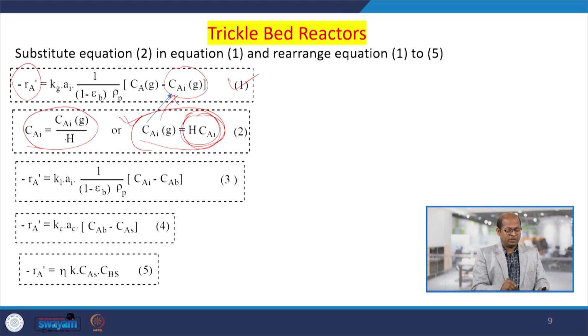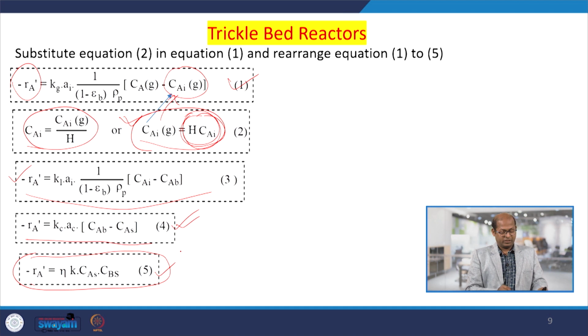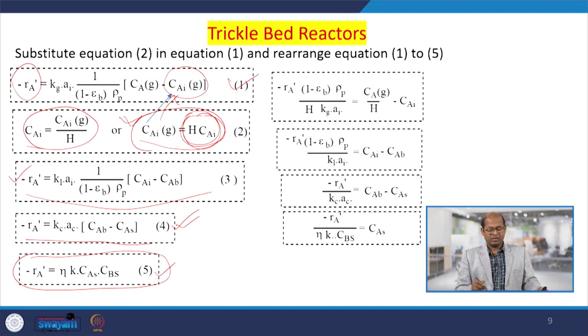From these correlations, equation 3 is this, equation 4 is this, which we have derived, and the 5th equation is for internal diffusion and reaction. Now this equation will be put here, so we are getting 4 equations: 1, 3, 4 and 5. From equation 1 we can rearrange and write it this way.